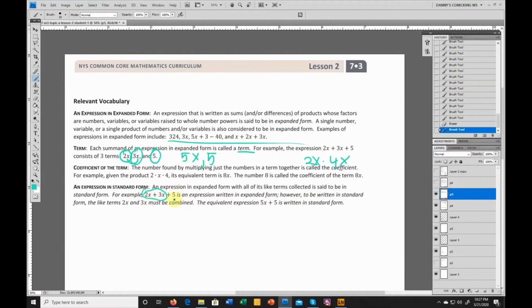If you had another number, say 6, with no other terms, then it could be added to 5, right? But you don't. In this particular problem, 2x and 3x are your like terms. That creates 5x. 5x plus 5 is standard form. Think of standard form as being the simplest way to your answer. You're combining all your terms and getting as close to your answer as you can.